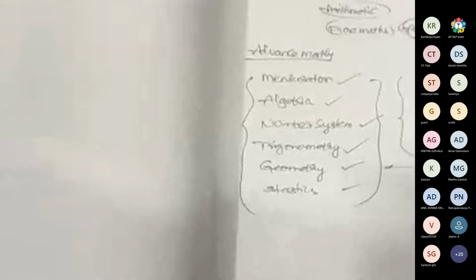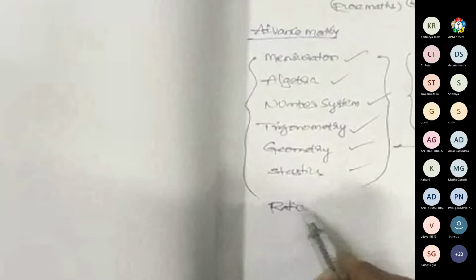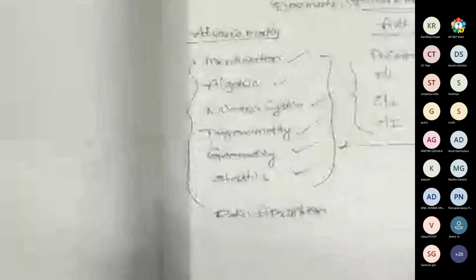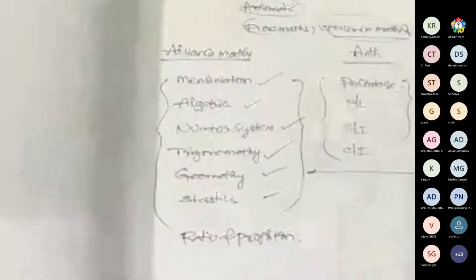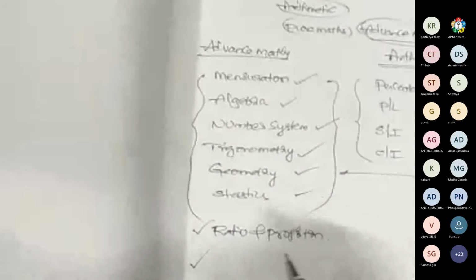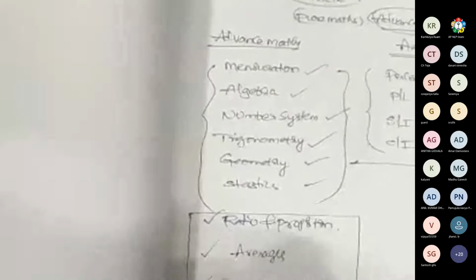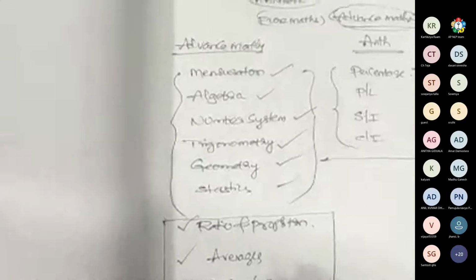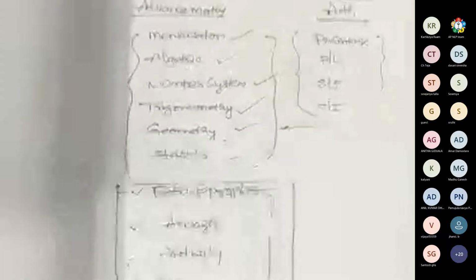Next, ratio and proportion, averages, partnership, ages. This comes under the ratio proportion track. These are a total of 4 chapters based on ratios.